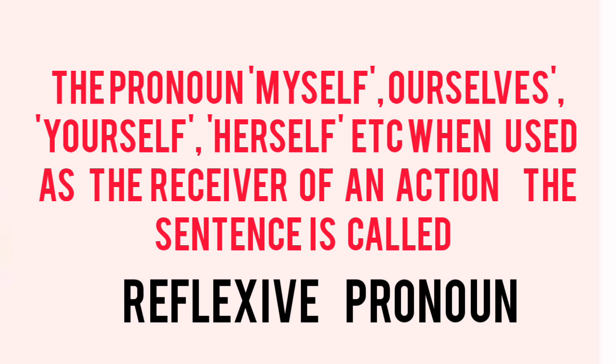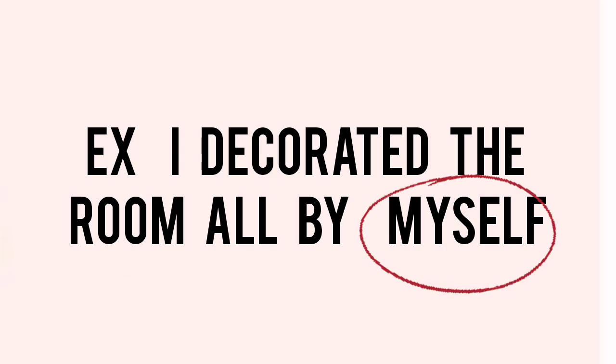Examples are as follows: I decorated the room all by myself. Now we can say that the object is reflecting upon the subject. Who has decorated the room? I decorated the room all by myself.